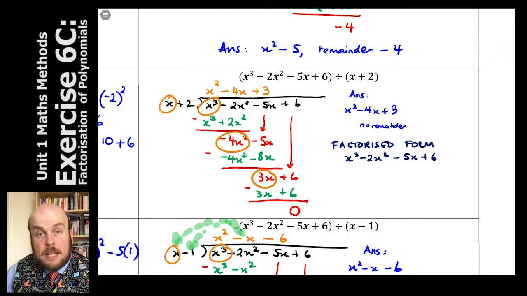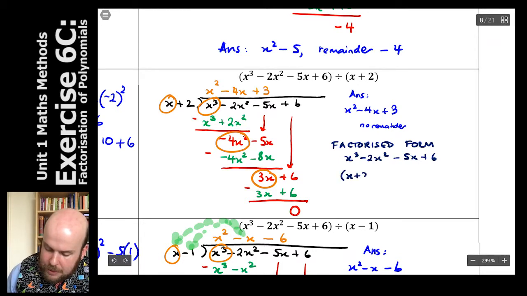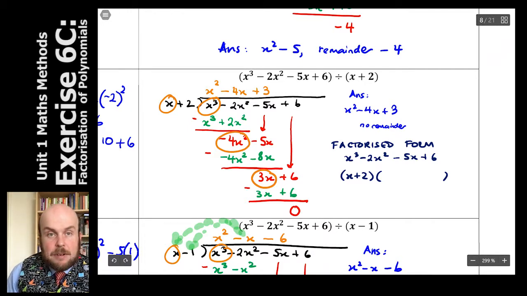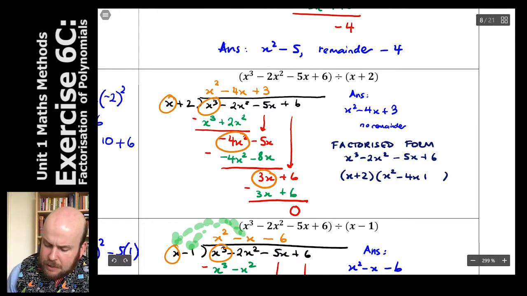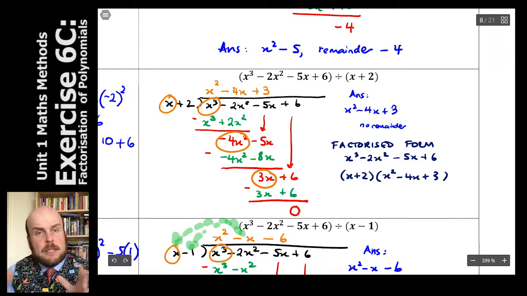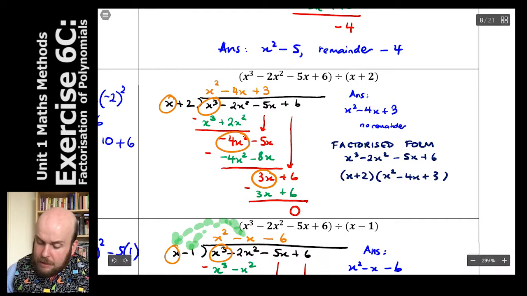We know that if I divide it by x plus 2, I'll get no remainder, so that's going to be a factor. And the answer up here, the answer that we got, well, that's another factor. Because what does factor mean? If I had two factors of a number, it means if I multiply them together, that will create that answer. Now, can we turn this quadratic into two smaller brackets?